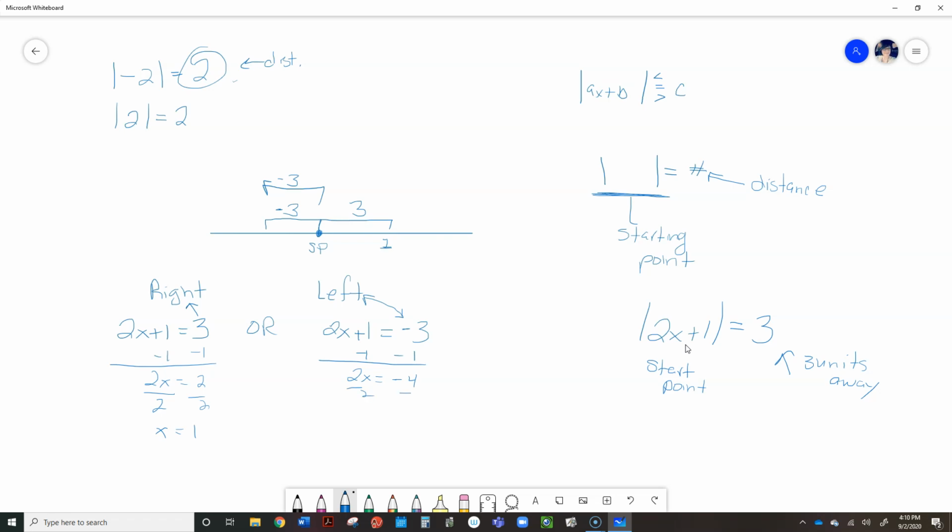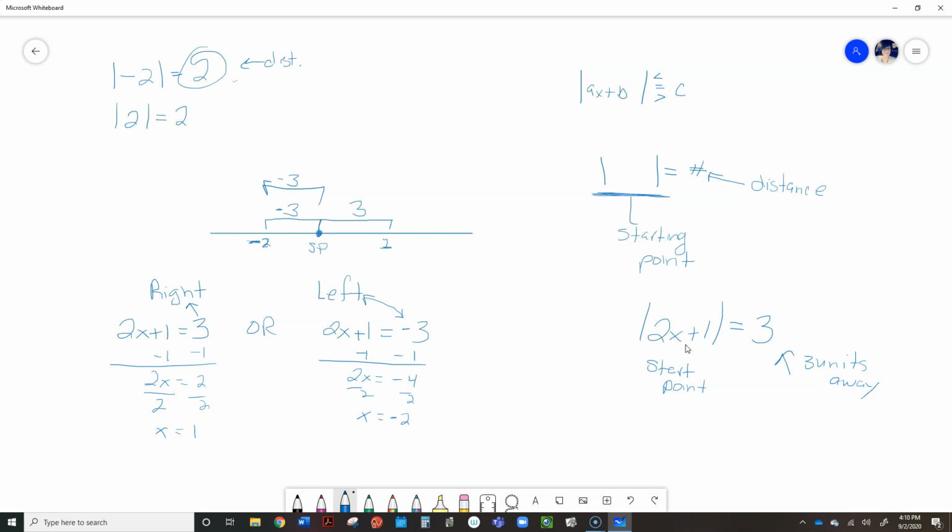And divide by 2, we get x is equal to -2. So this thing over here is at -2. So +1 and -2 is where we end up if we go 3 units on each side.